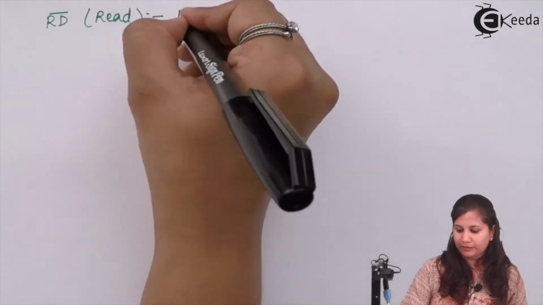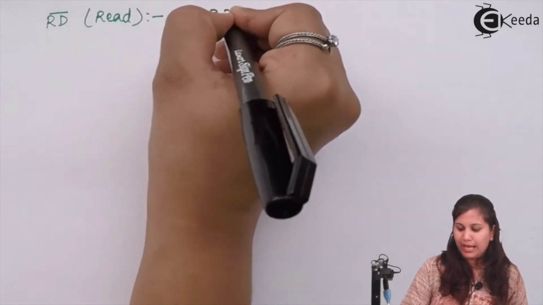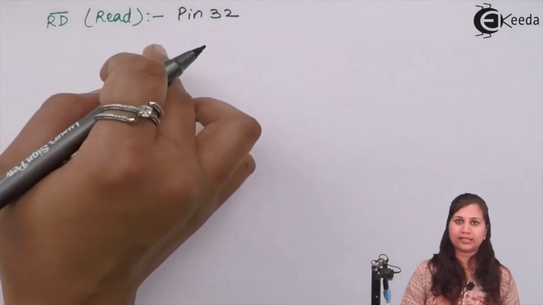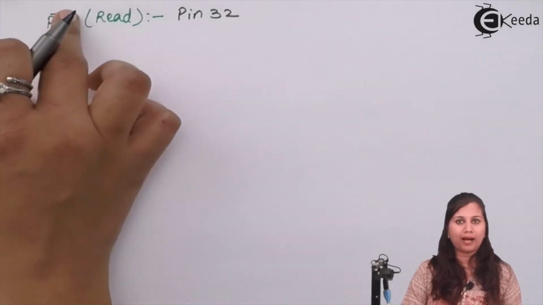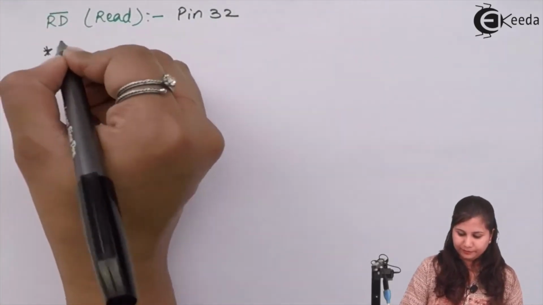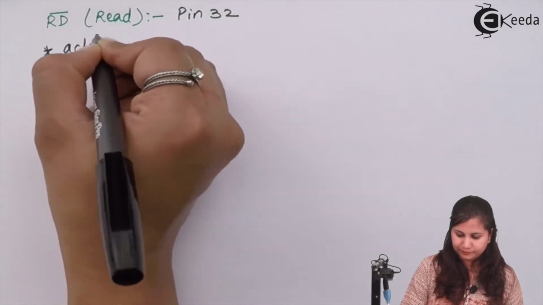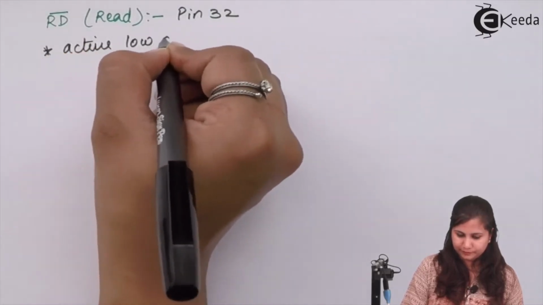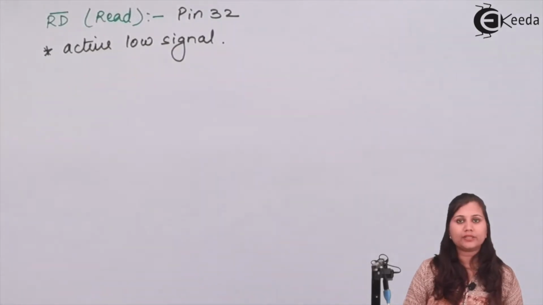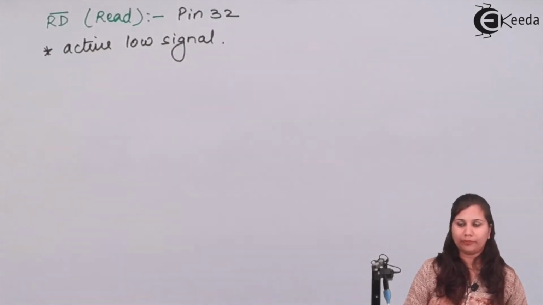This signal is used to indicate the read operations, meaning whenever the microprocessor is performing the read operation, this signal is low because it has a bar over it, so it's an active low signal.